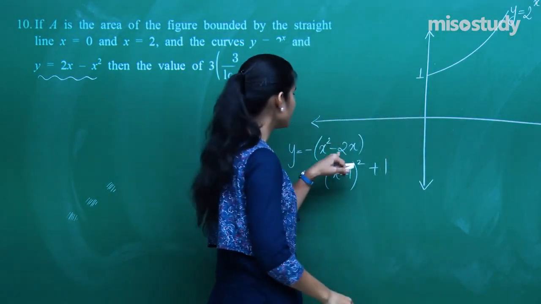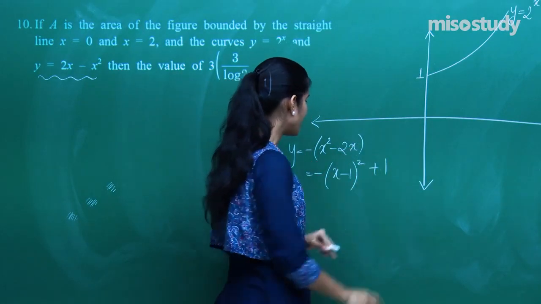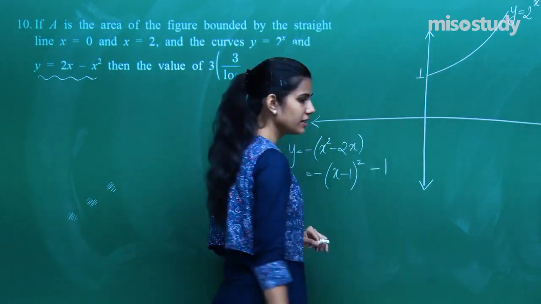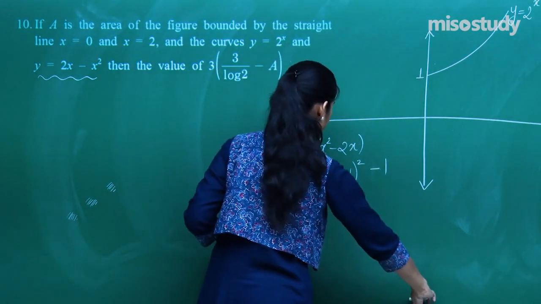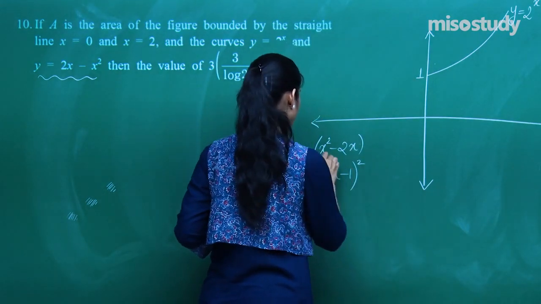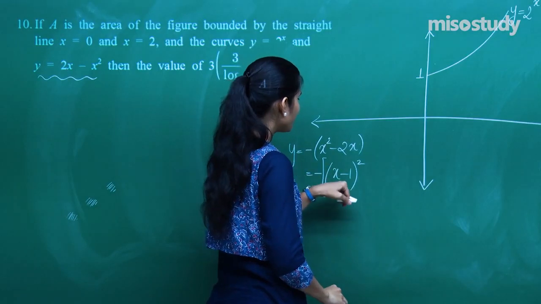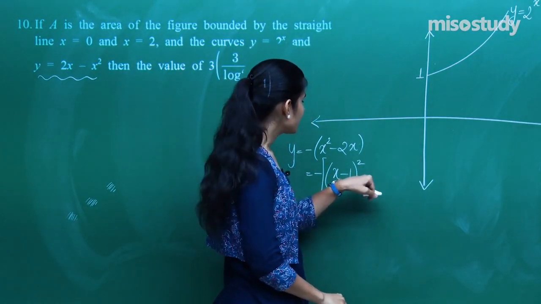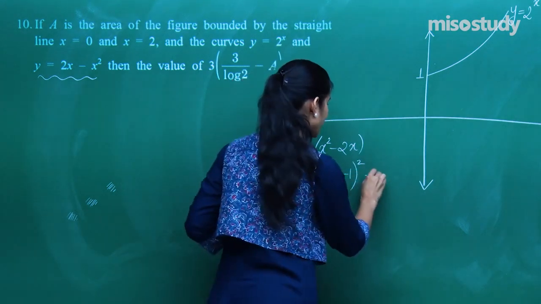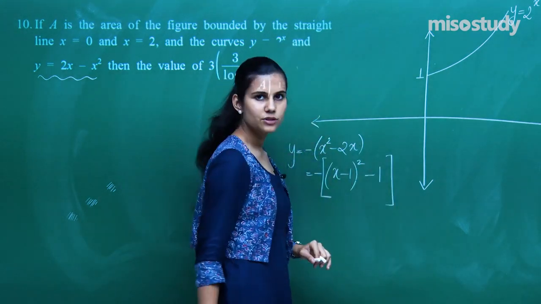This is x square minus 2x plus 1 minus 1. Why? Because x square minus 2x plus 1 is (x minus 1) whole square, so we subtract 1. Like this you can write it.